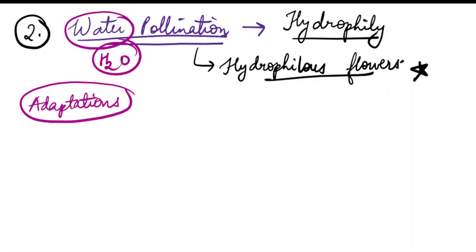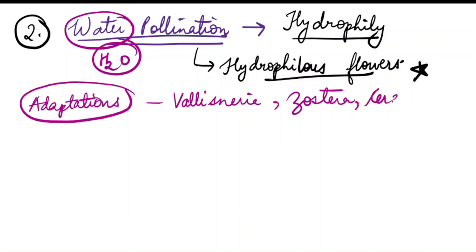Examples for water pollination are Vallisneria, Zostera, and Ceratophyllum. These three are the examples undergoing water pollination.